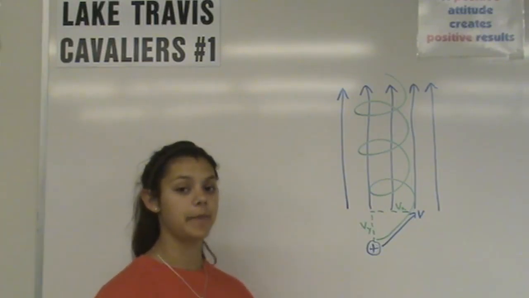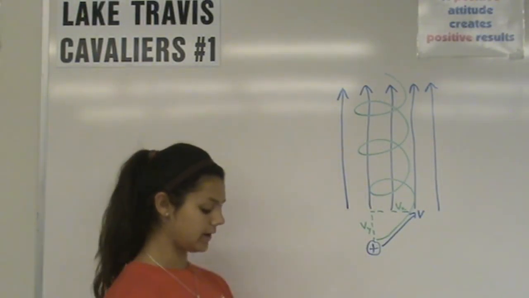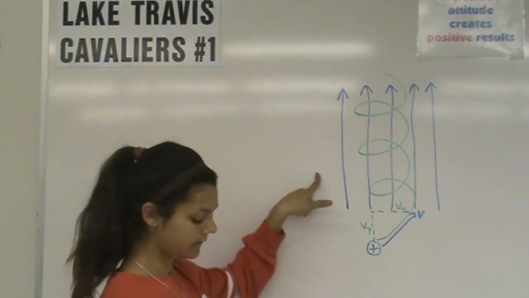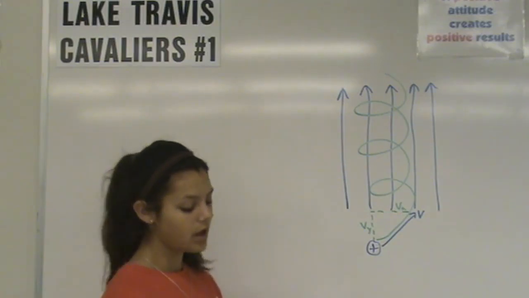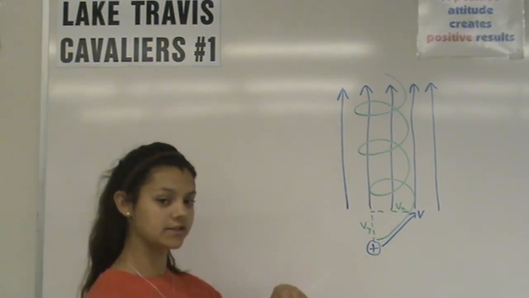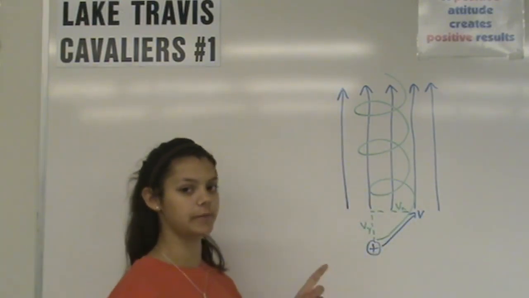To determine the path that a particle will take in a magnetic field, we know that if the velocity of the particle is parallel to the magnetic field, there will be a constant v. We know that if the force is perpendicular to the velocity, the particle will have a circular path.